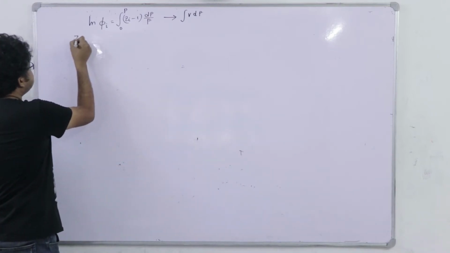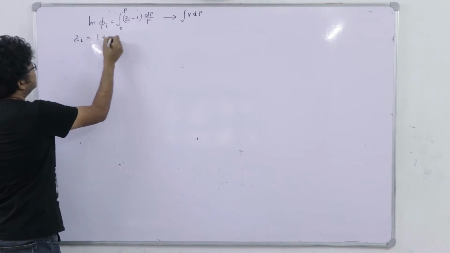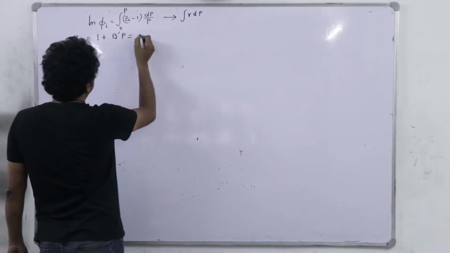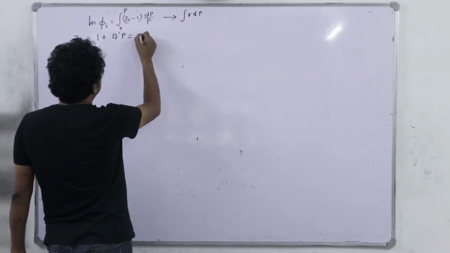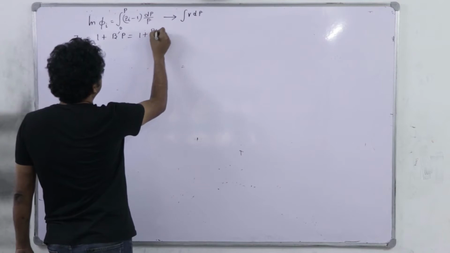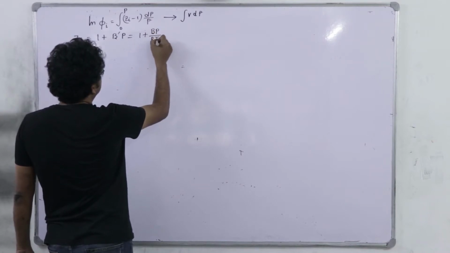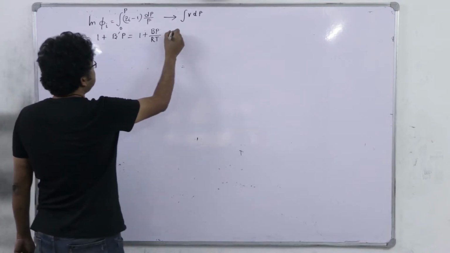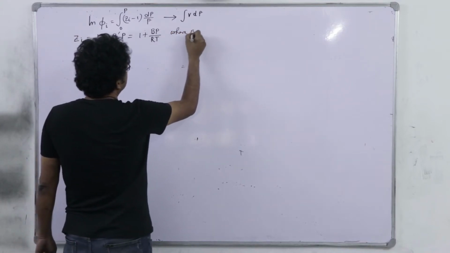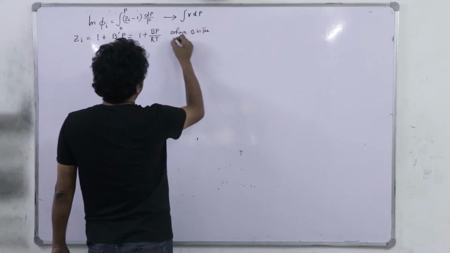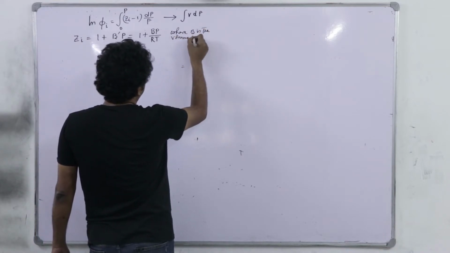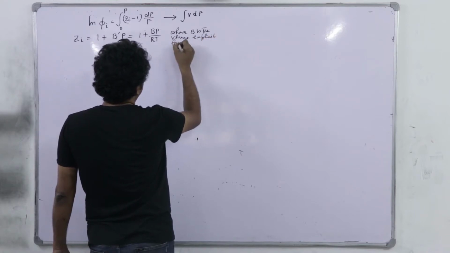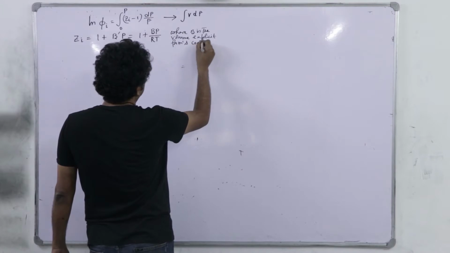So, Zi we know is 1 plus B' into P, and if we truncate the other terms, it can be written as BP by RT, where B is the volume explicit forms coefficient.